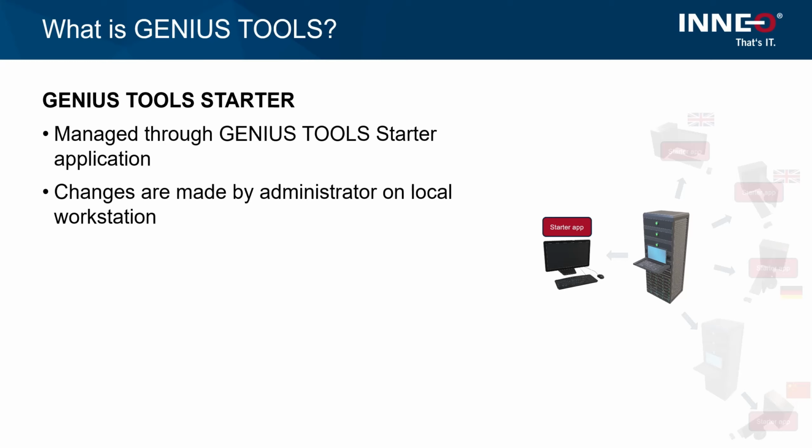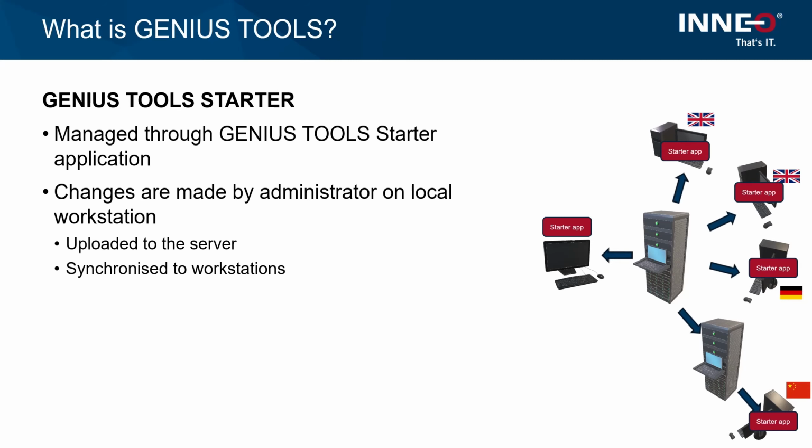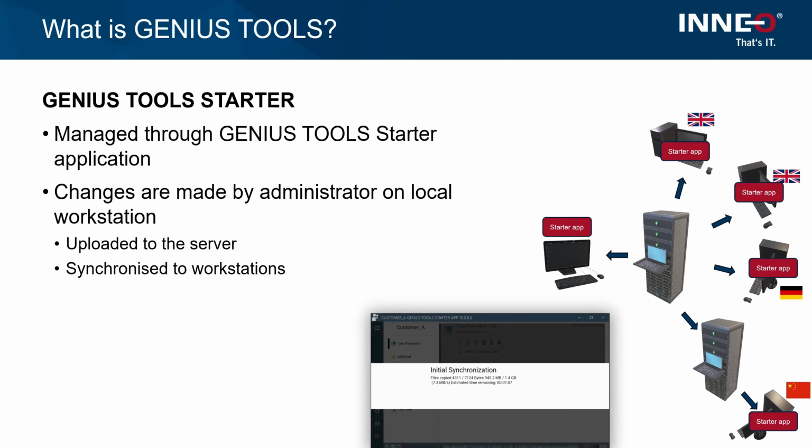But if he then makes changes, it will be synchronized back up to the server, and then it will only download everything that's changed to the actual user once it's synchronized to their workstations. So it's not a process where you have to run a batch file again. All of this will happen automatically in the background through this starter application.